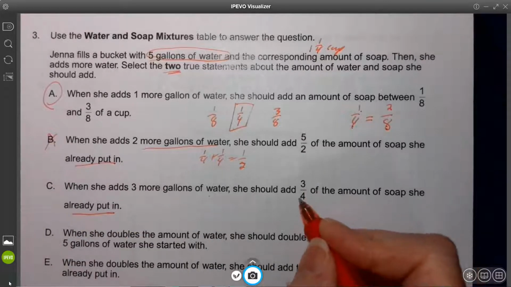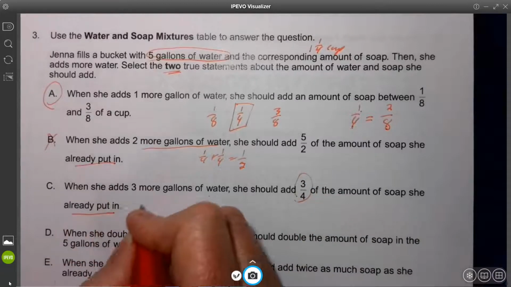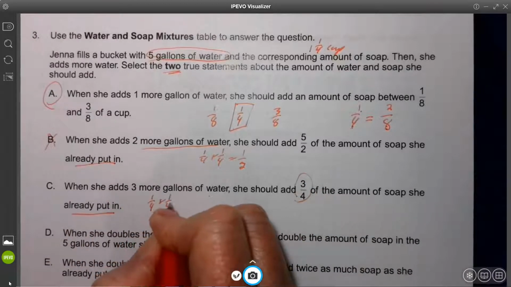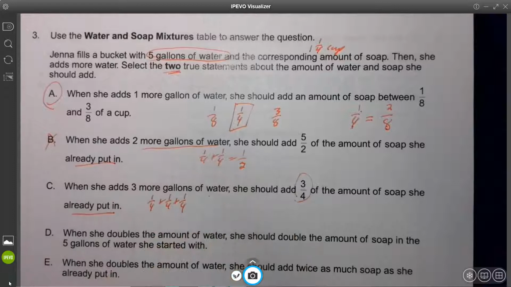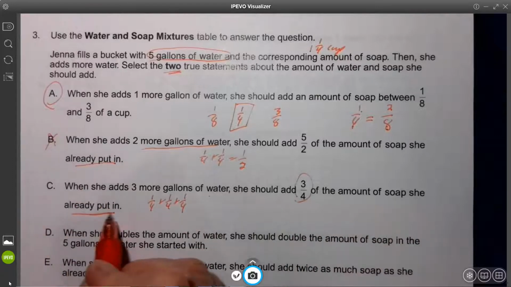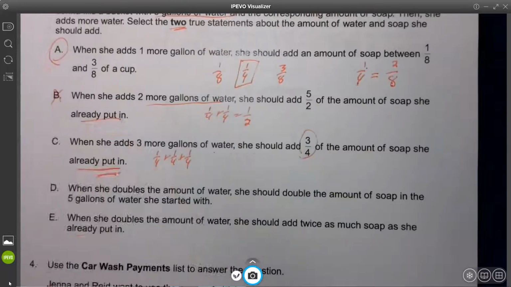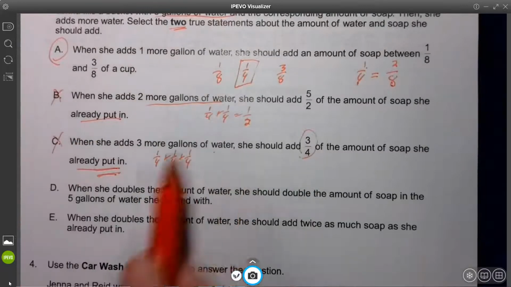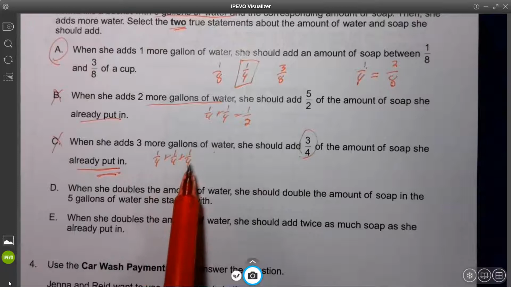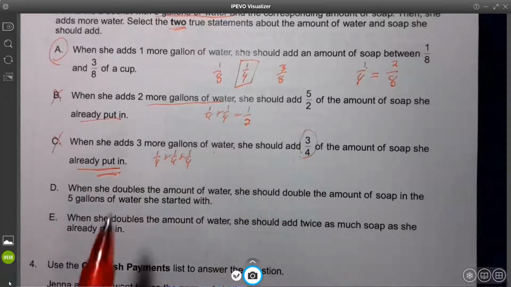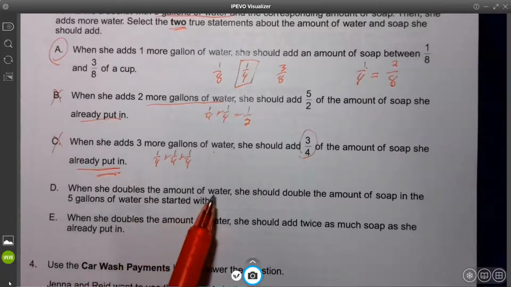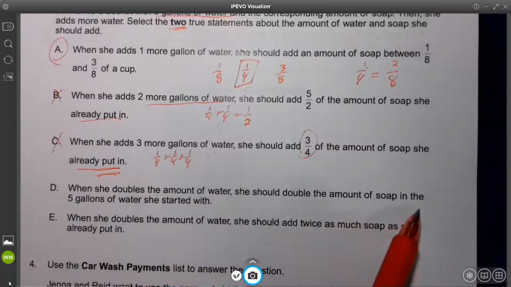Okay, wait, no. Not 3/4 of what she's already put in. She would have to add 1/4 plus 1/4 plus 1/4. Again, tricky questions. It looks like she's adding 3/4, but notice what it says. Read the entire thing. Add 3/4 the amount of soap she's already put in. Okay, so not that one. If they would have just asked how much more, we would have said 3/4 cup, but they said of what she already put in. Nope.